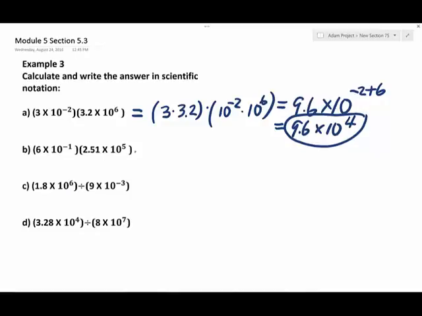So B. Okay, similarly for B, we multiply the number and put the scientific notation together: 10 to the negative 4 times 10 to the 5.